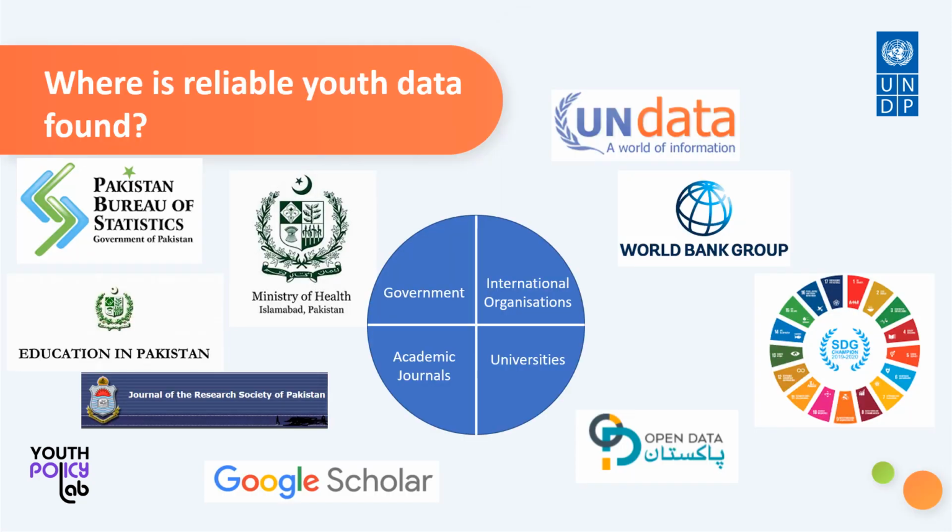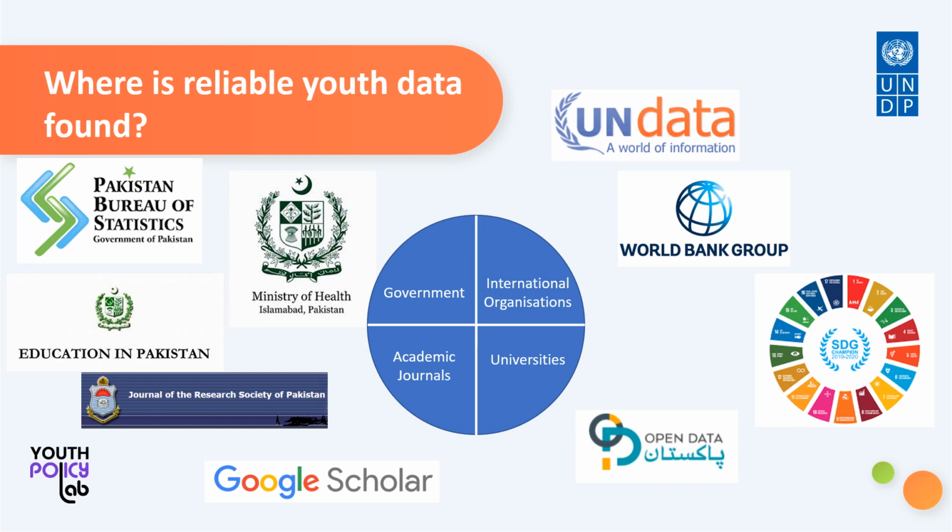There are certain institutions that store and communicate reliable data effectively. Governments have websites like the Pakistan Bureau of Statistics, individual departments like the Health Ministry or Education Ministry, universities, academic journals. Academic journals contain research papers that are reviewed and vetted by academics with subject matter expertise.